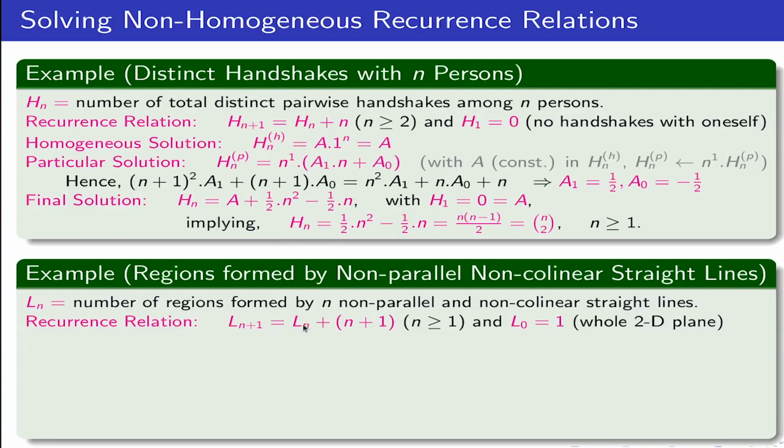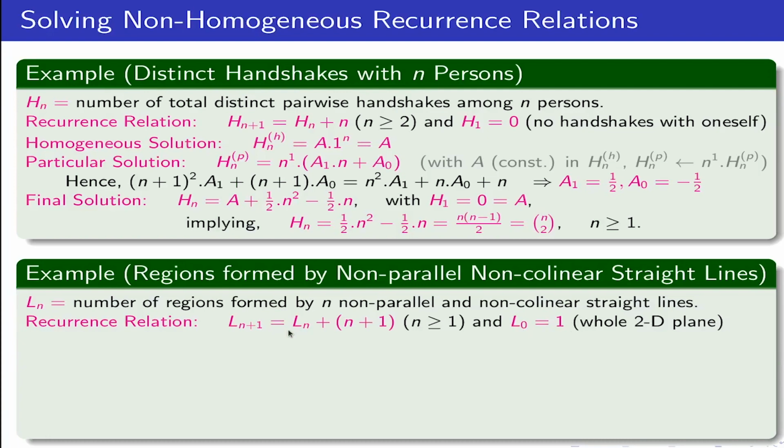While going for intersection, it increases n, and while leaving the last part, it increases 1. So in total n plus 1 regions are added with respect to whatever is present. So this will be Ln plus n plus 1, where if there are no lines, there is only one region, the whole 2D plane.